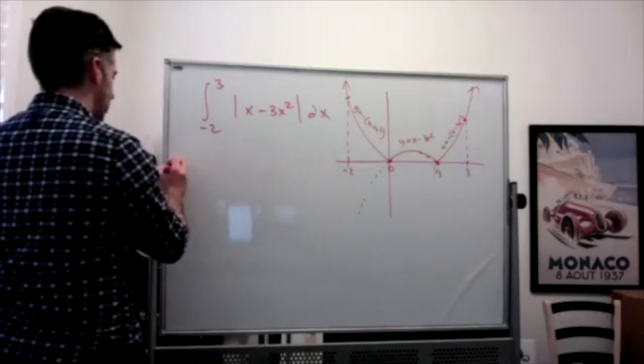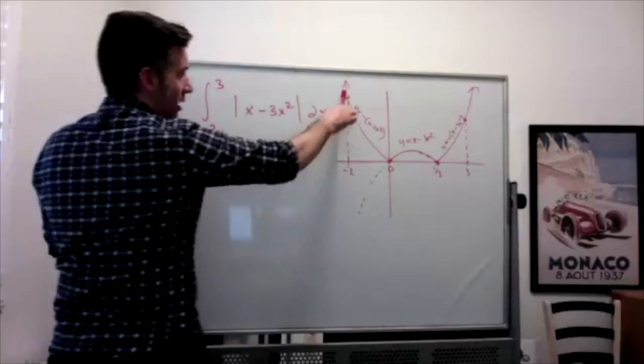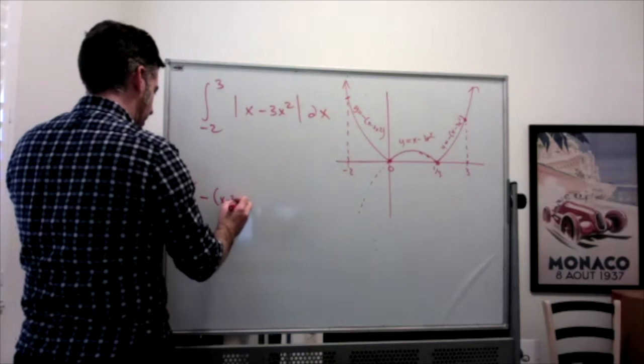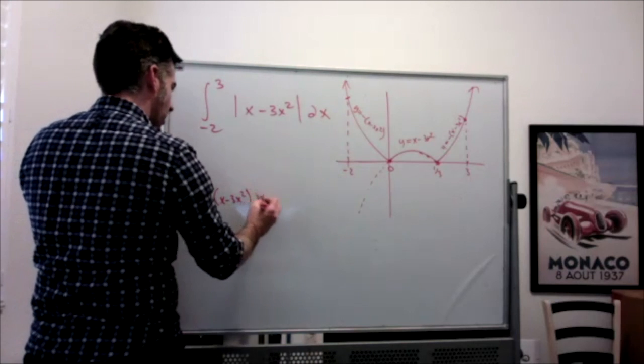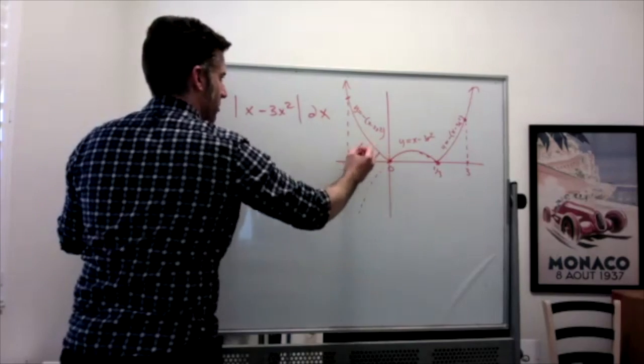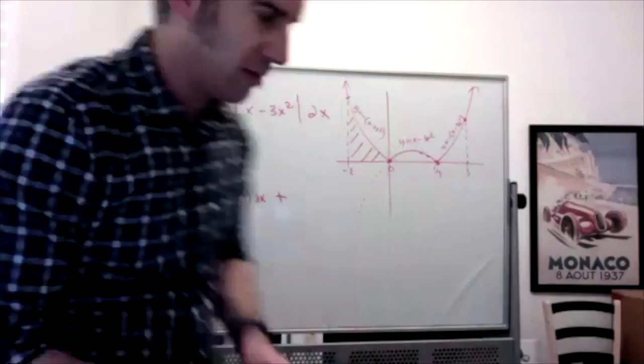So then here's how we're going to find the area of this. We're going to do the integral from -2 to 0 of this function, negative x minus 3x squared, plus, so that's this area in red here. And then let's change up the colors. Running out of colors will be okay.